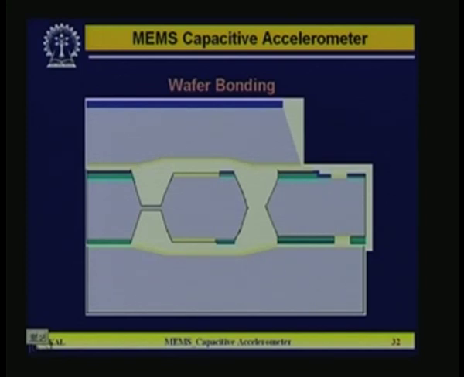Now, we will discuss another inertial sensor, that is the gyro sensor. We covered two case studies: one is the piezoresistive accelerometer, the second was the capacitive accelerometer, with certain goals, how we designed it, and after design how we fabricated it, which we discussed in both cases.